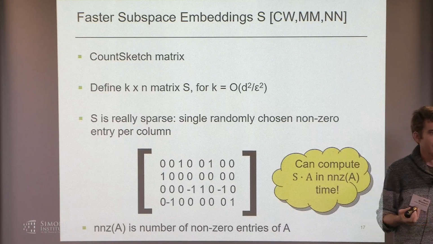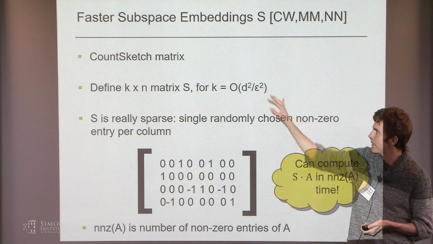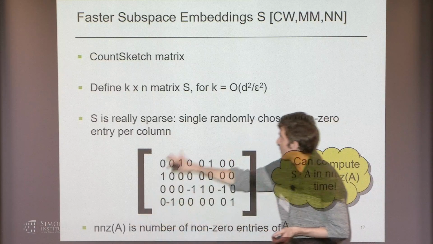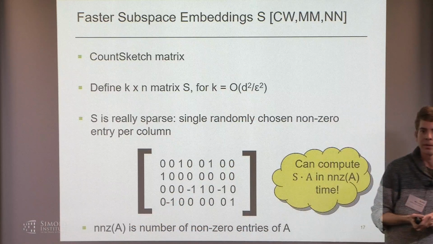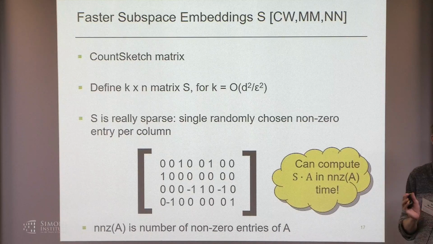And the nice thing is that this actually works with these parameters, d squared over epsilon squared being your number of rows, and using the connection to regression, you get an overall algorithm which runs in time number of non-zero entries of A plus a polynomial in d over epsilon. So I'm going to focus on this one and give you a proof of why this one works. The other two families of matrices I didn't give proofs for. Any questions so far?